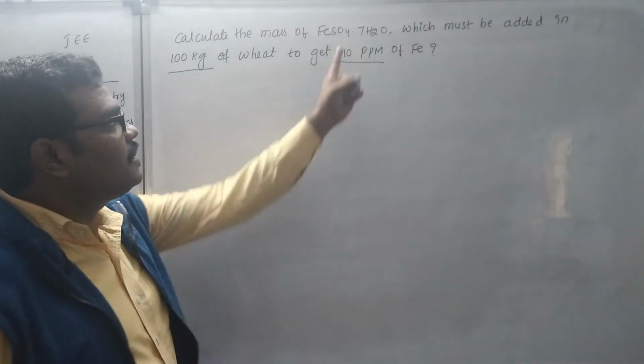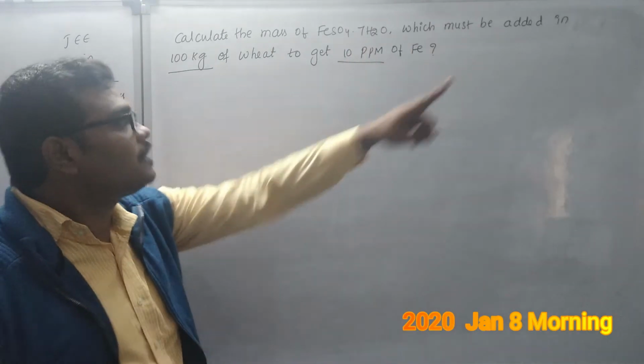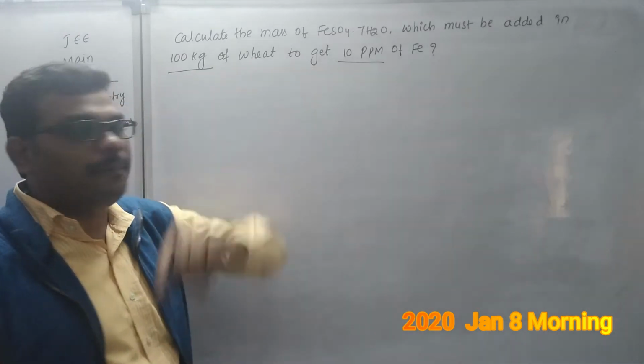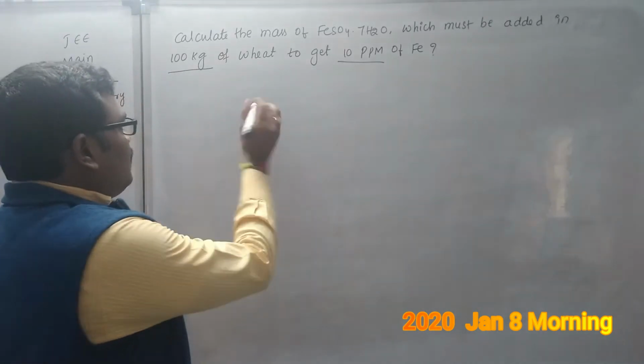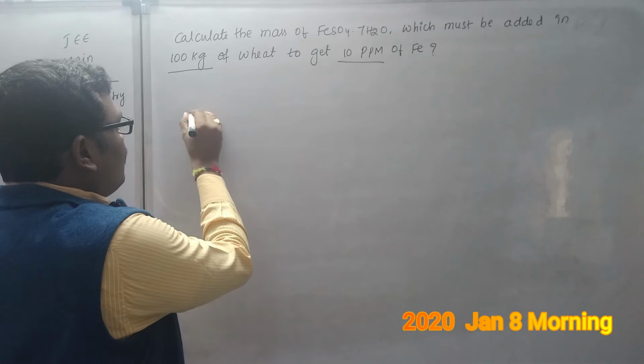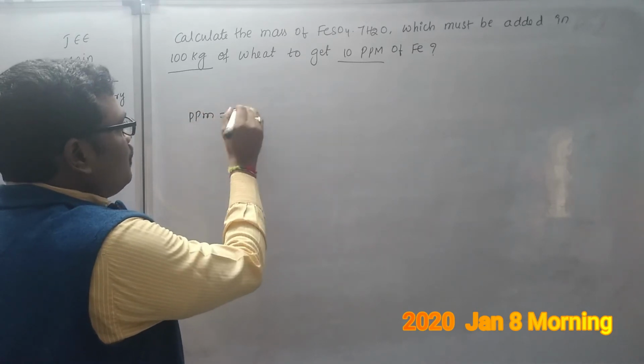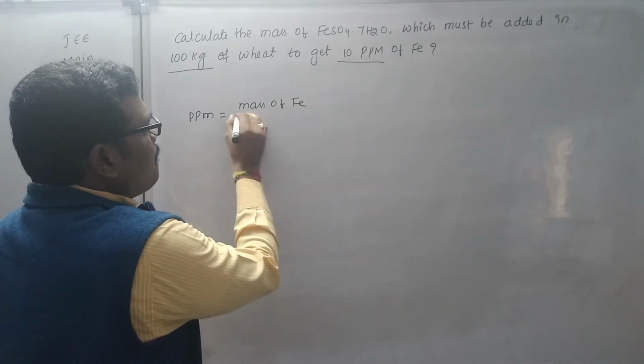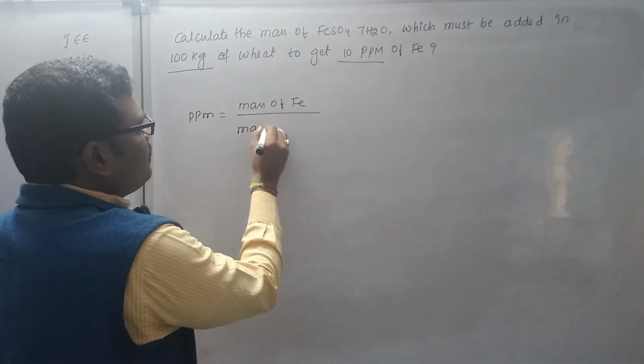Calculate mass of ferrous sulfate heptahydrate which must be added in 100 kilograms of wheat to get 10 ppm of iron. See here, formula of parts per million for iron is equal to mass of iron by mass of wheat.